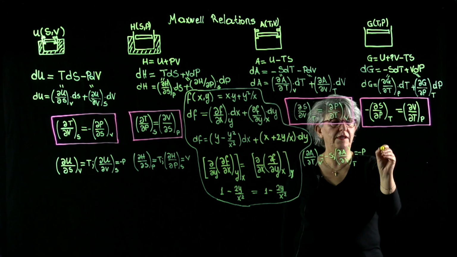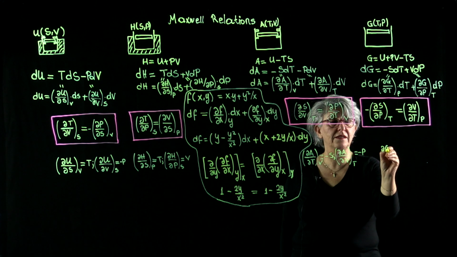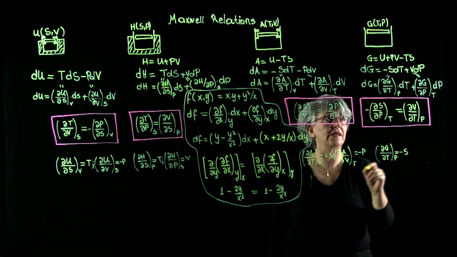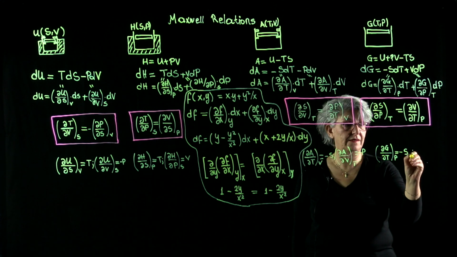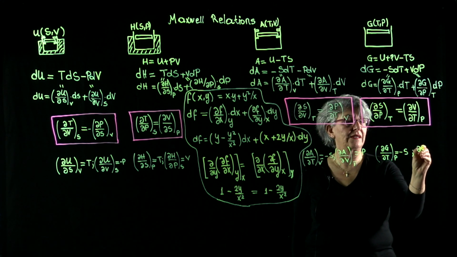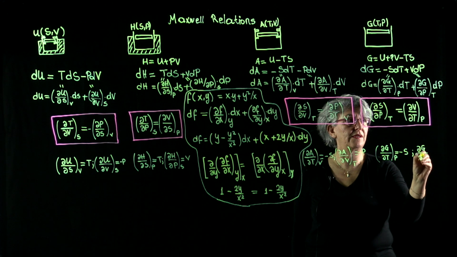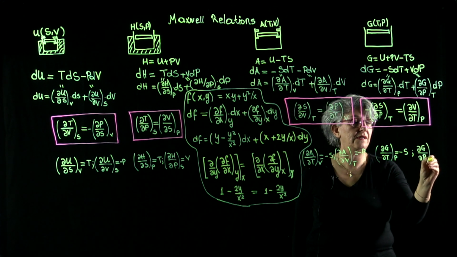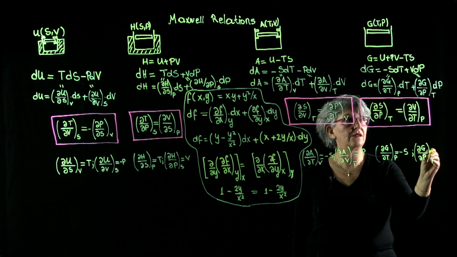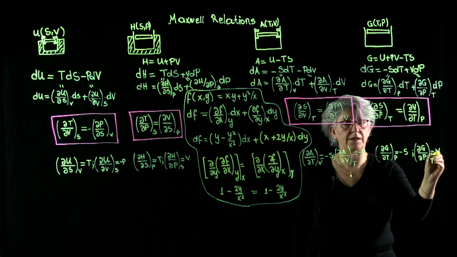And here we have del g over del T at constant p is equal to minus s, and del g over del p at constant T is equal to v.